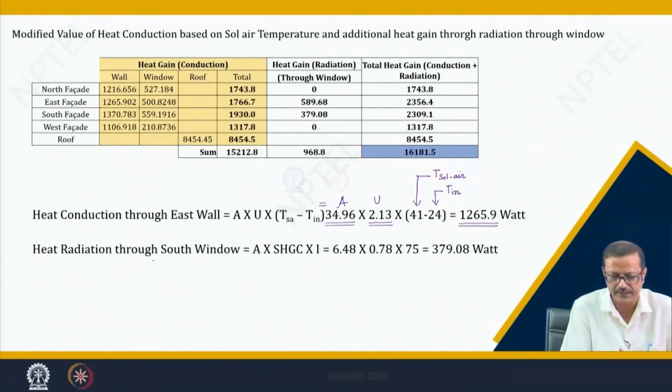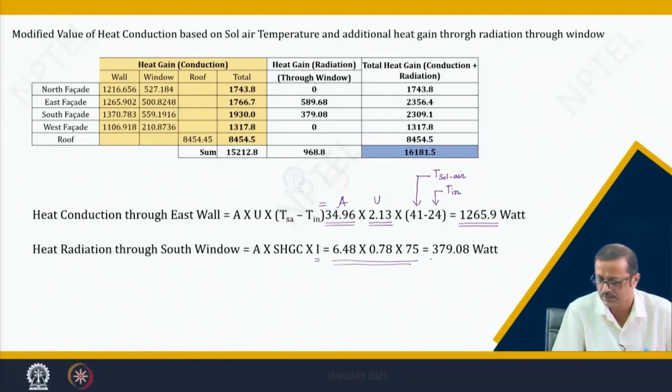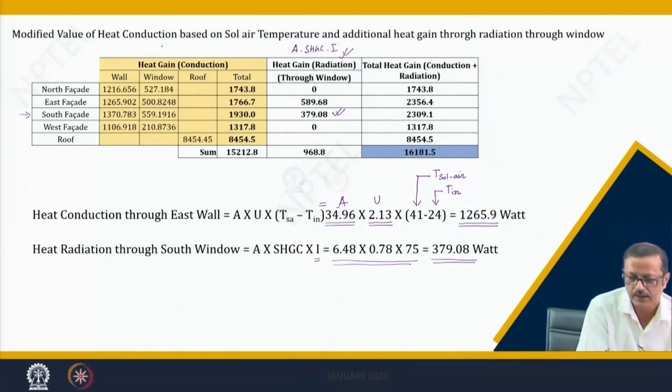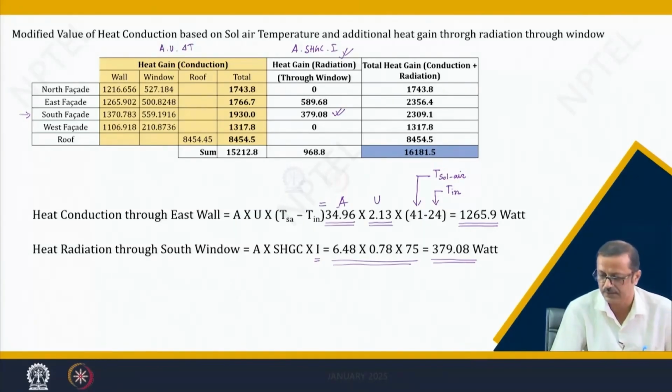Similarly, heat radiation through the south window will be A into SHGC into I. So, the SHGC factor has to be taken into account. This is 397, for the south facade, and this is through radiation. This is your A into SHGC into I, and this is your heat conduction, that is A into U into delta T, and this delta T is the difference between them.